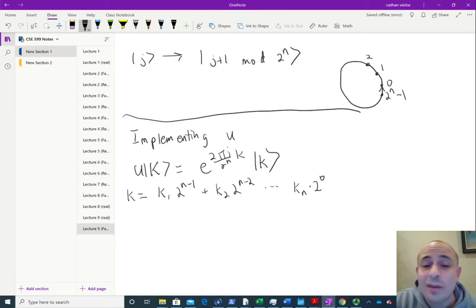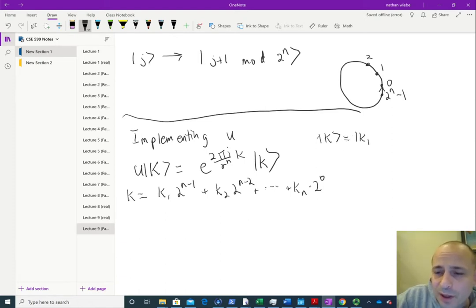But you see the pattern. All right. So if K is a computational basis state, this is just going to be, by definition, the tensor product of k1, k2, going all the way down to kn.